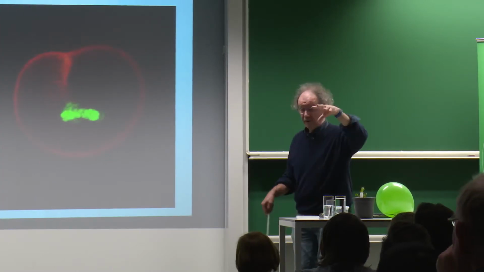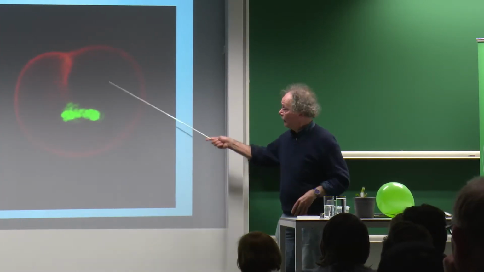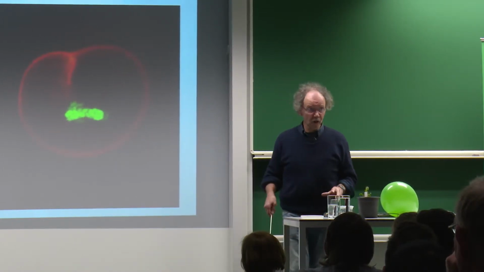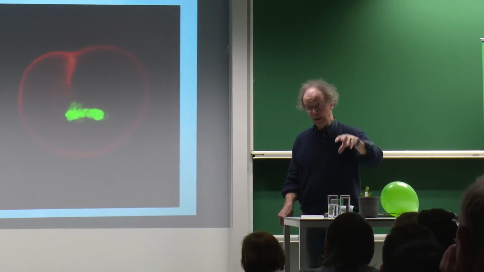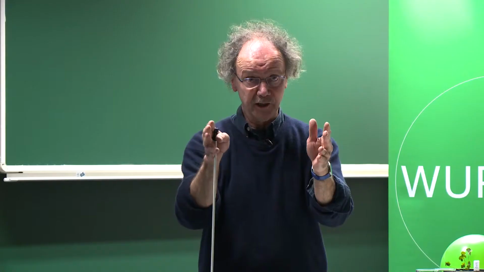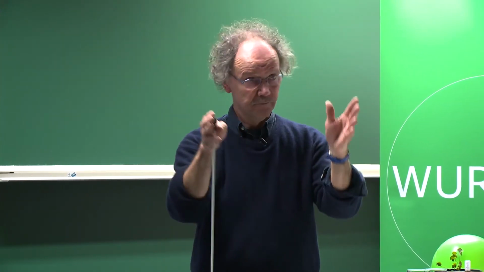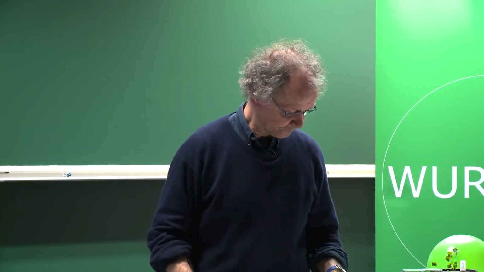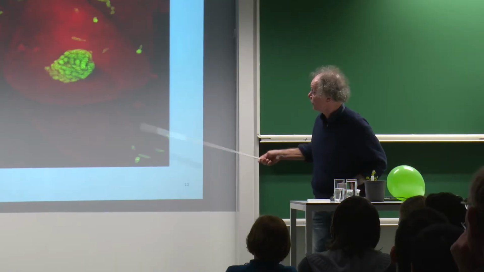So now we look at the top of a root hair, you see this is the curl, and here we have a very small colony of bacteria captured in the curl. So again, a control of the plant. It starts with a single bacterium, it recognizes this, that's one, it curls around it, then the tube is formed. So that starts, and that's what we see.